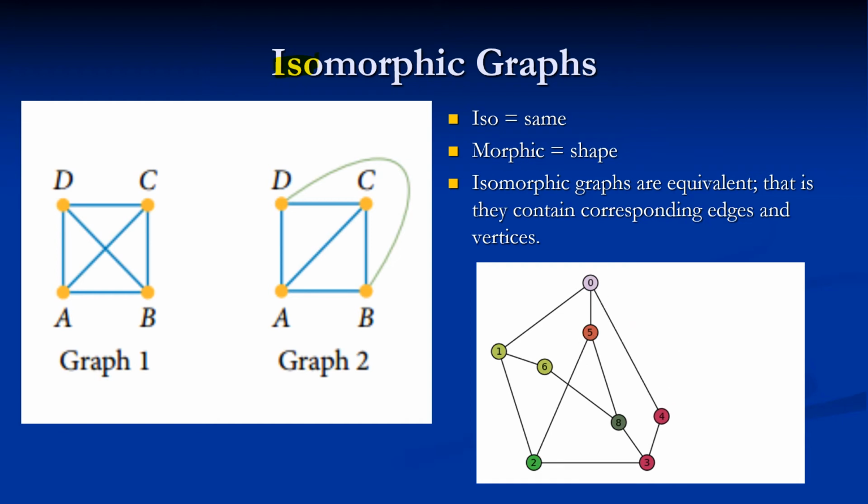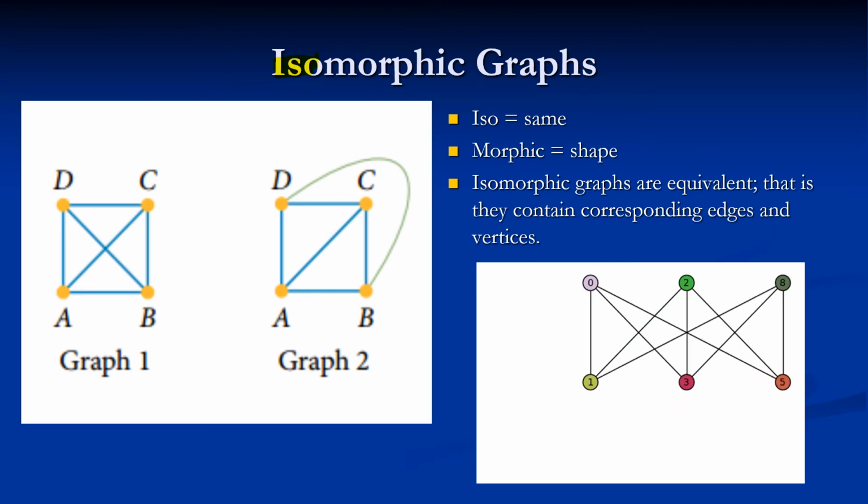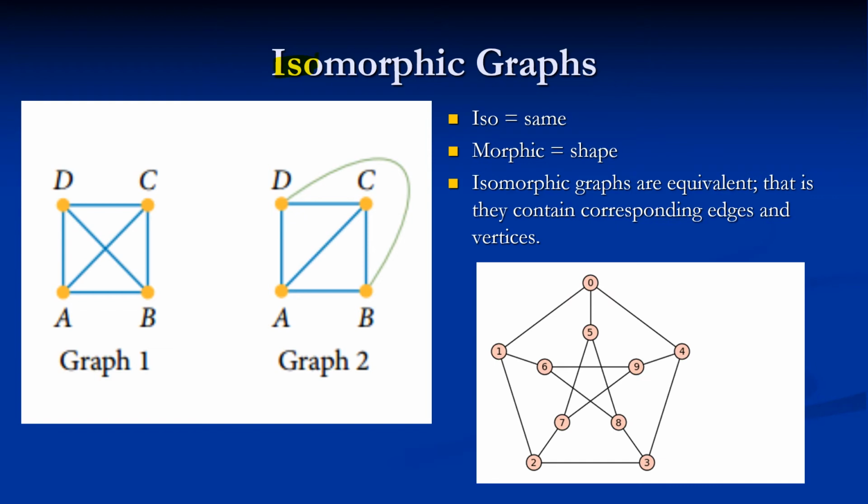So we're really just saying we're drawing the same shape a slightly different way. So isomorphic graphs are equivalent, that is that they contain corresponding edges and vertices. And you can see that I've drawn graph 1 to graph 2 here. Graph 2 is a planar graph, so it's got nothing crossing over the other.